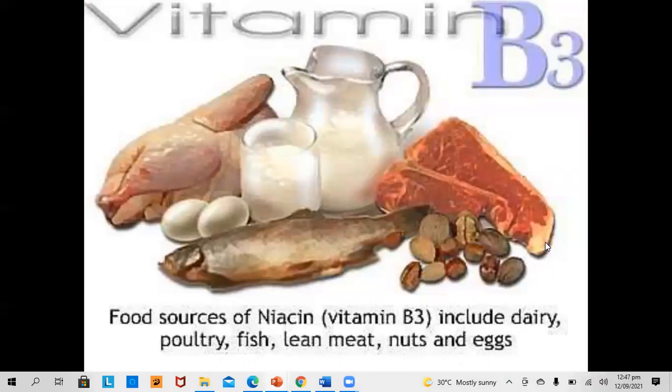Then comes vitamin B3, also known as niacin. Again, the source of niacin is similar to B1 and B2, that is milk, egg, fish, meat, and some nuts.